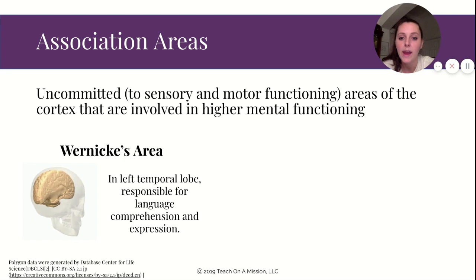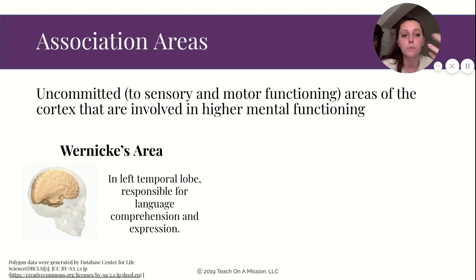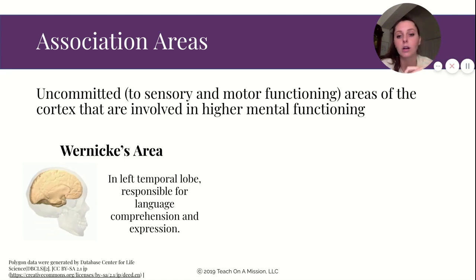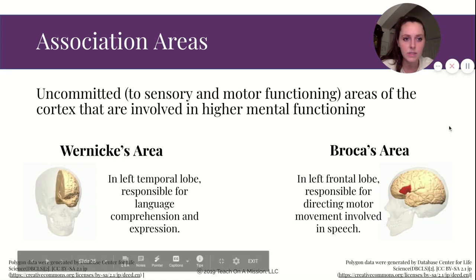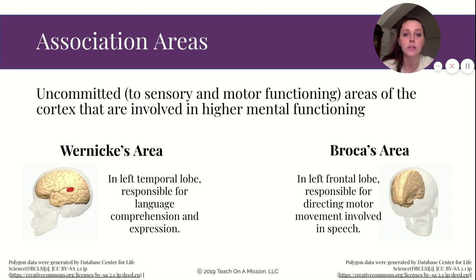Left temporal lobe. And this is responsible for language comprehension and expression. So your ability to comprehend language as it's being told to you and understand what they're saying, and for you to put together comprehensive sentences and words that actually make sense. So keyword here, comprehension.